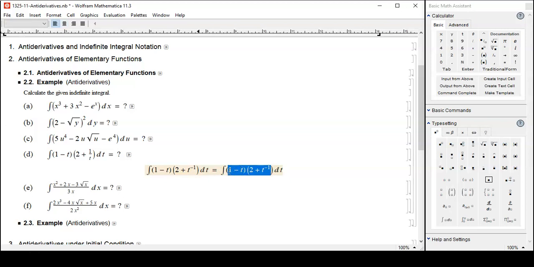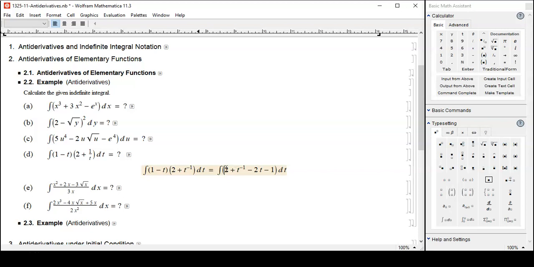So what do you have inside? First, outside, inside, and last, t times 1 over t. So that's just minus 1, isn't it?